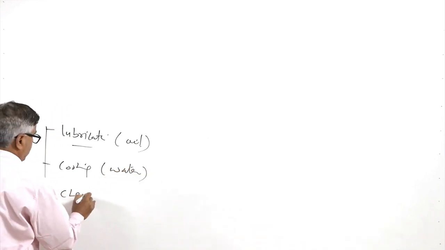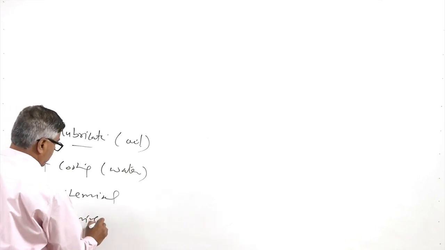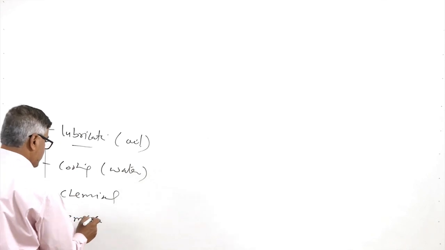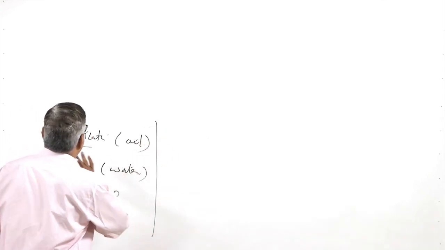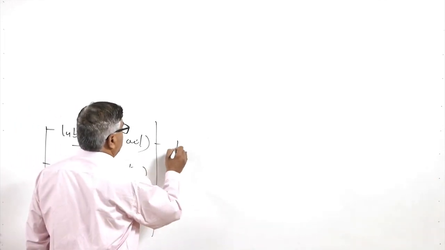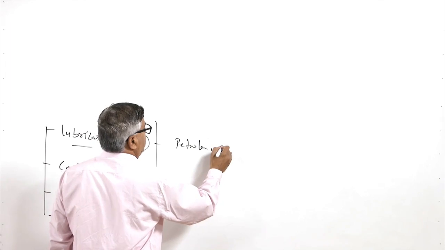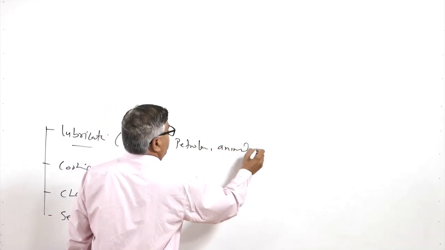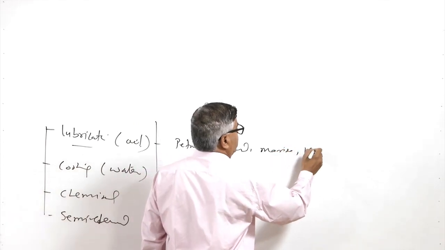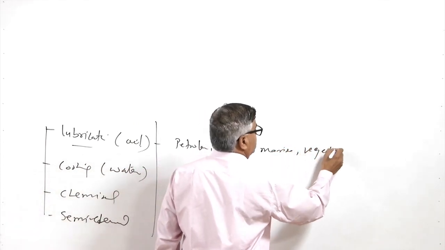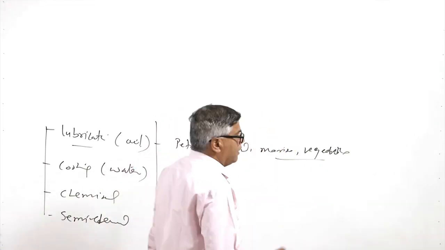Then chemical cutting fluids and semi chemical cutting fluids. Oil based cutting fluids are basically petroleum oils, animal oils, marine oils, and vegetable oils.